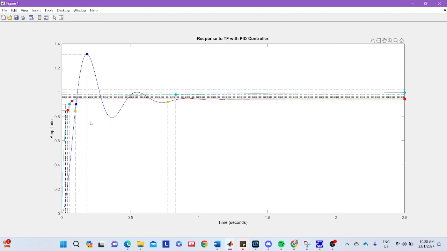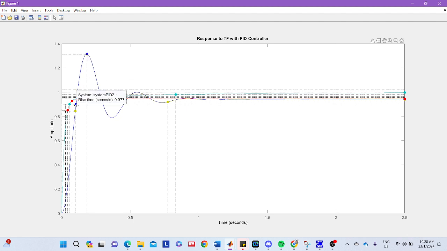Here we need to find the rise time for PID1. The answer is 0.0727, the settling time is 0.772, and the overshoot is 14.1%.